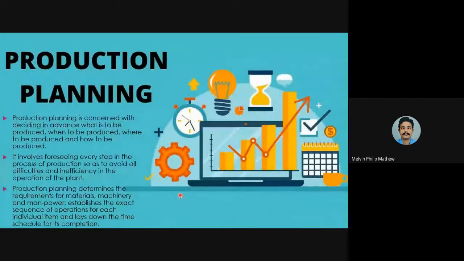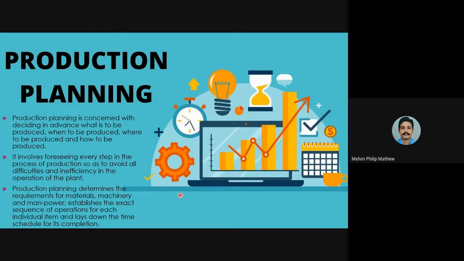Okay. Next is production planning. So, what is production planning and why do we need it? From the word itself, you can understand that production planning is planning how to produce the product ahead of the product manufacturing cycle.